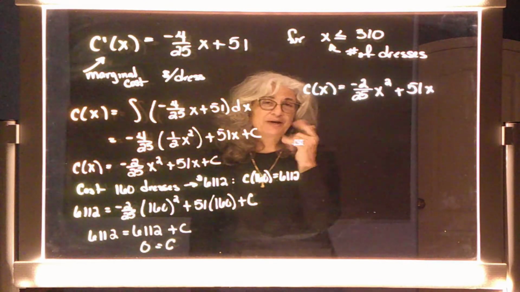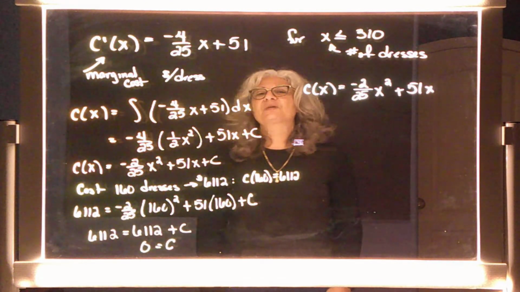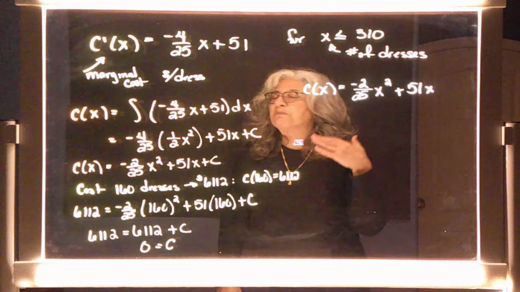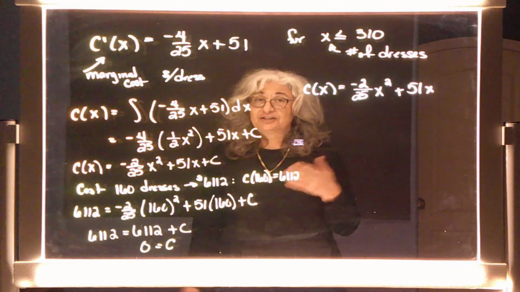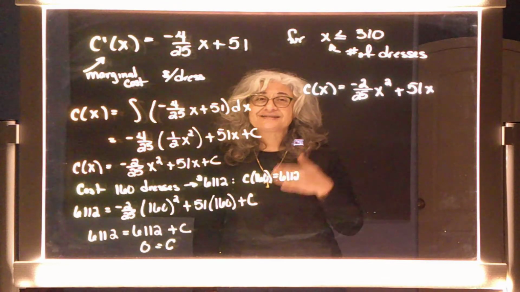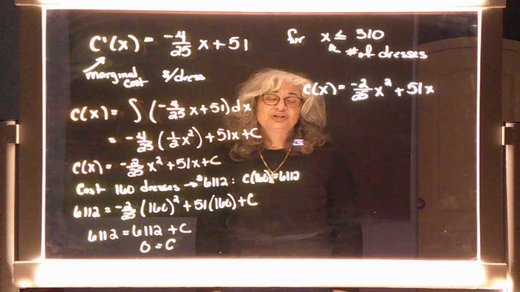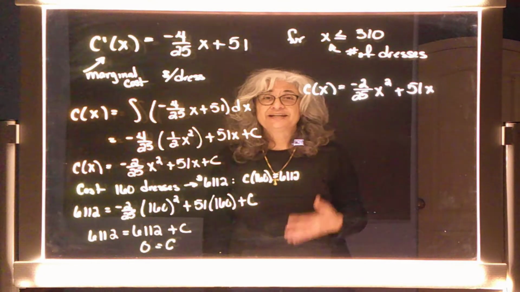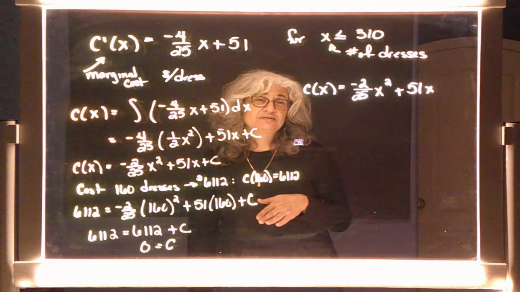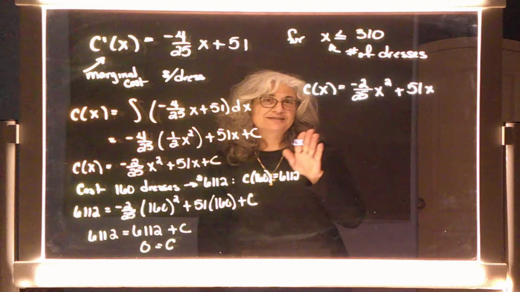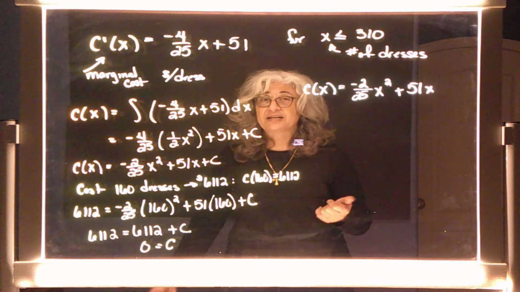And here's the thing about business. The more you make, theoretically, the less each item is going to cost. So, theoretically, item 2 should cost less than 1. Item 10 should cost less than item 6 when you're making items.